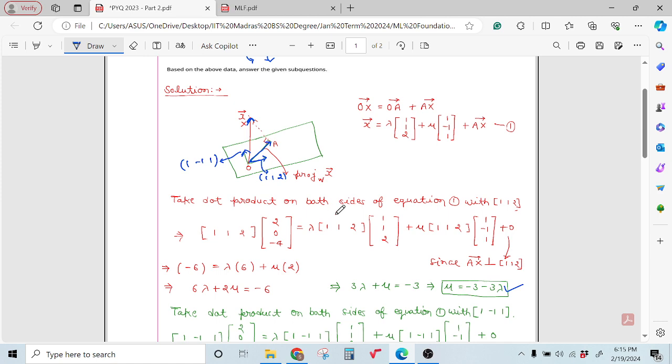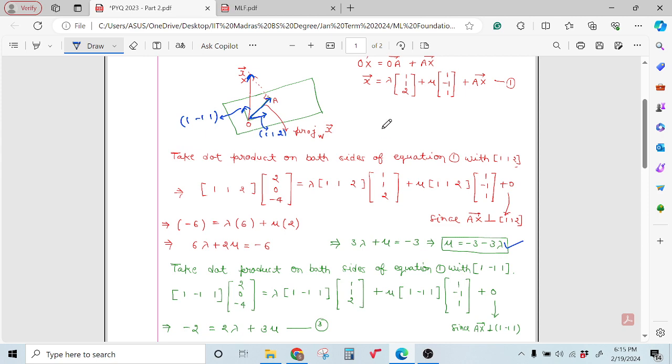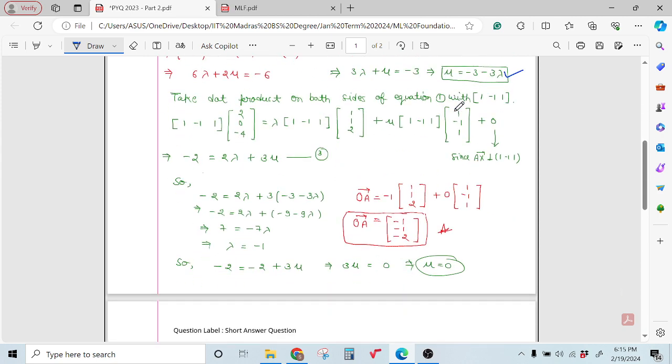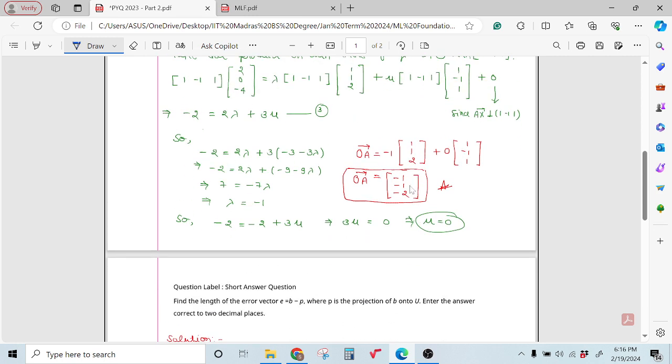OA is represented as lambda times 1 1 2 plus mu times 1 minus 1 1. Substituting the values of lambda and mu, where mu is 0, our answer is the OA vector, which is minus 1 minus 1 minus 2.